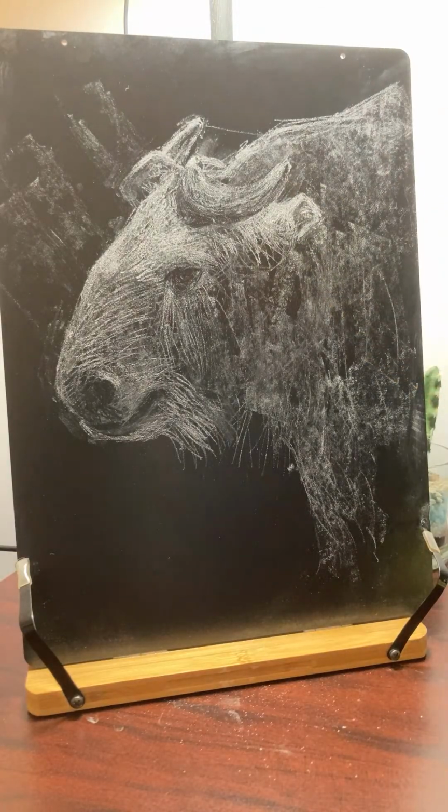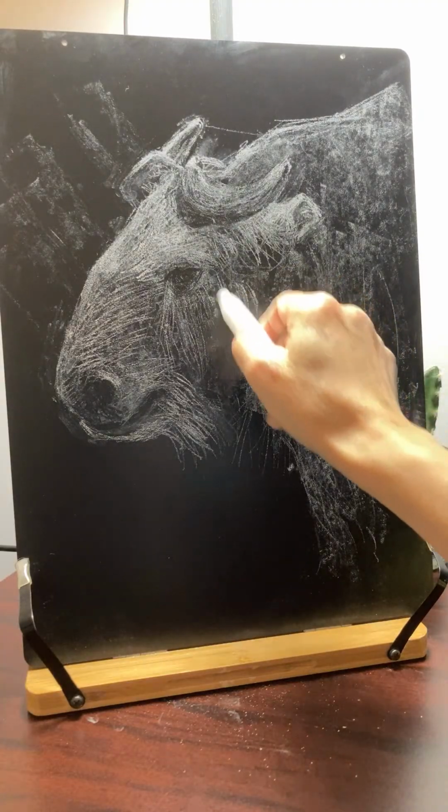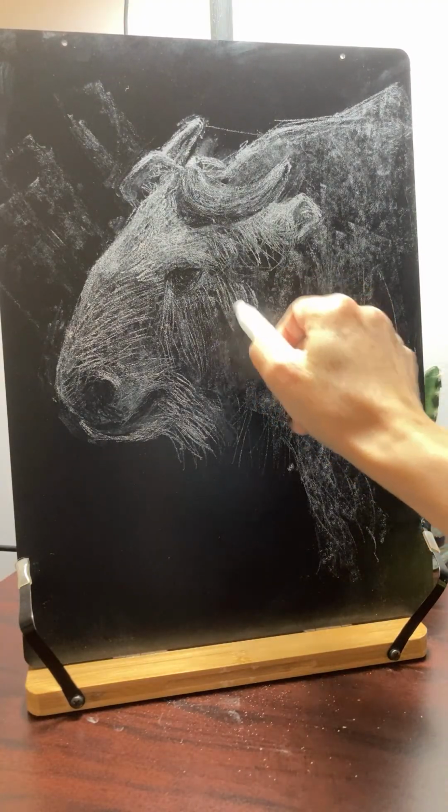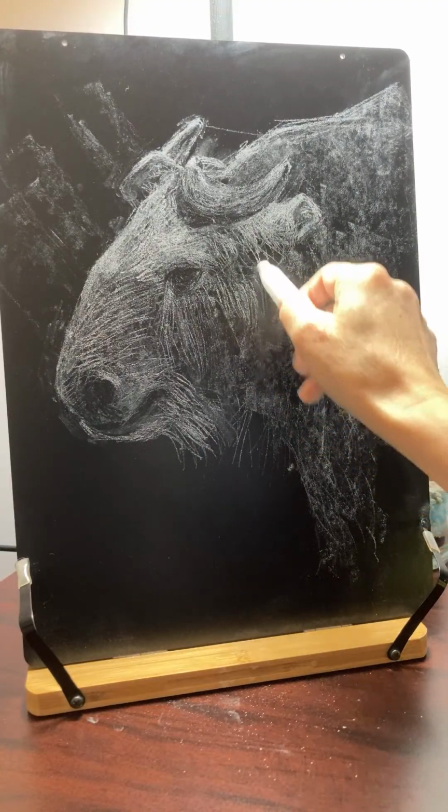All right. And now I'm going to draw his face. Now he got the hair on the jaw. It's going down, and down.